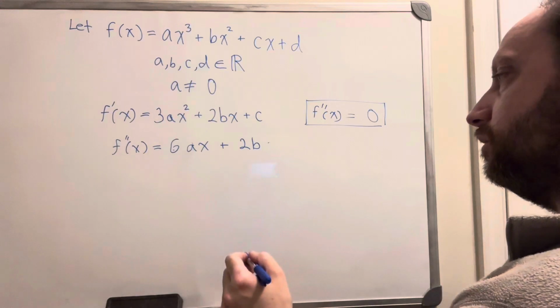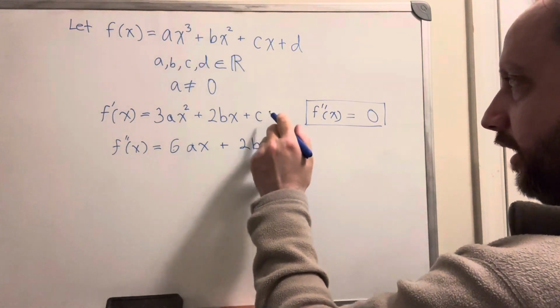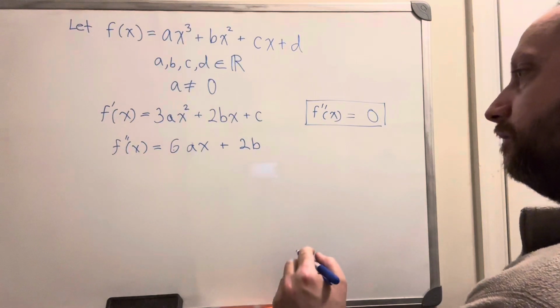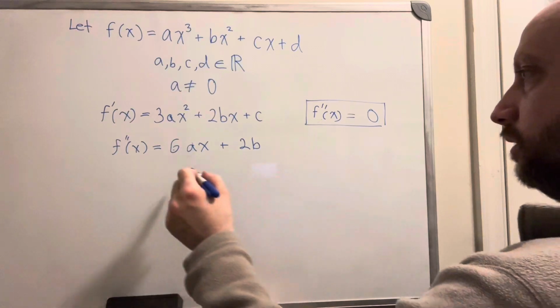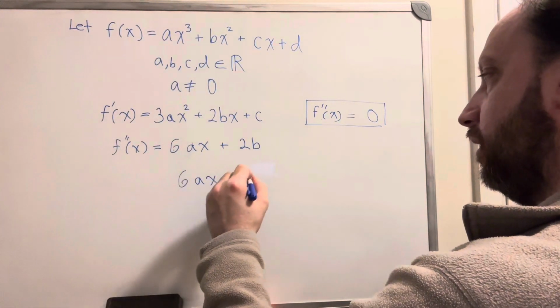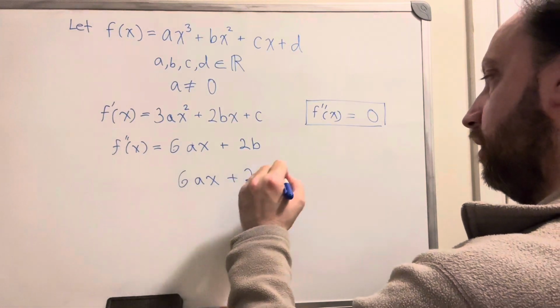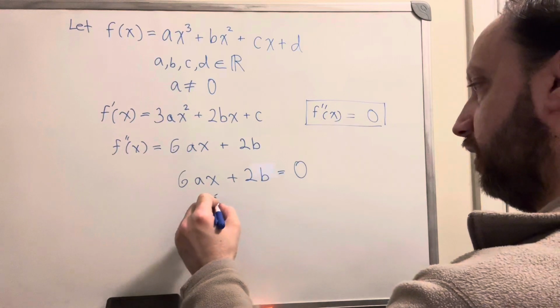So we've got this function right here. And luckily I caught that error early on enough. So now we need to find out where this function is equal to 0. So we say, so we can move over the 2b to the other side.